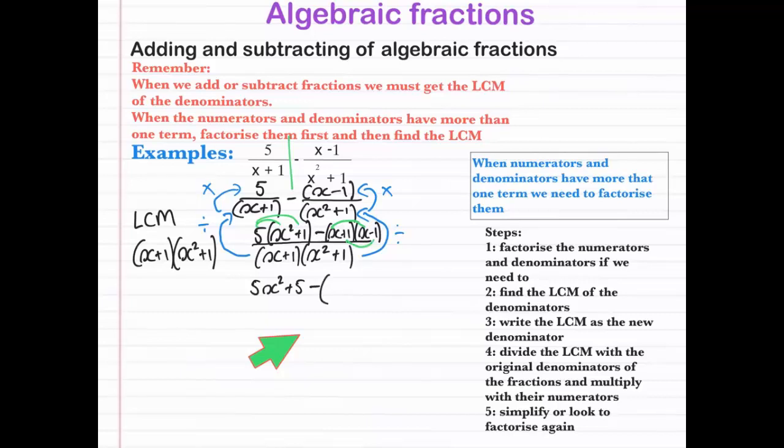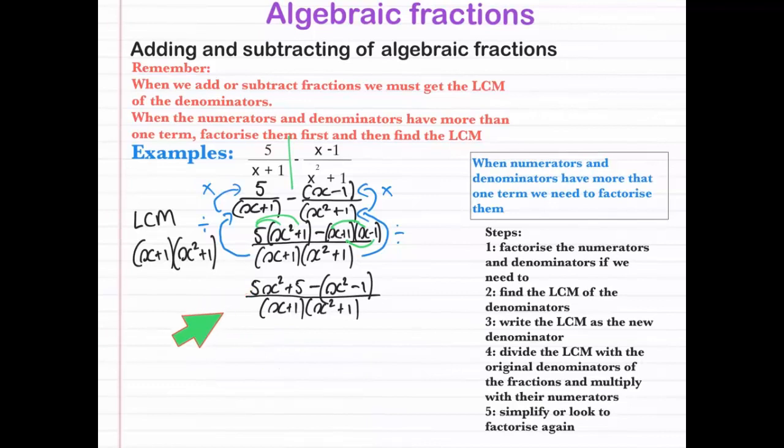Keep it in brackets because there's still a minus for a distributive law. And you remember, product of two binomials comes before the distributive law. So this becomes x squared. A plus 1 times a minus 1 becomes a minus 1. There we go. And we leave the LCM as the denominator. We don't change it. And there we go.